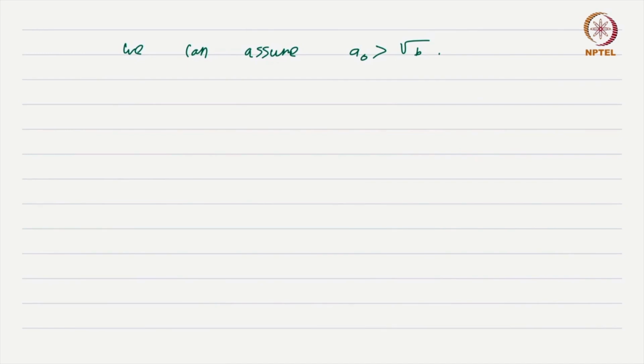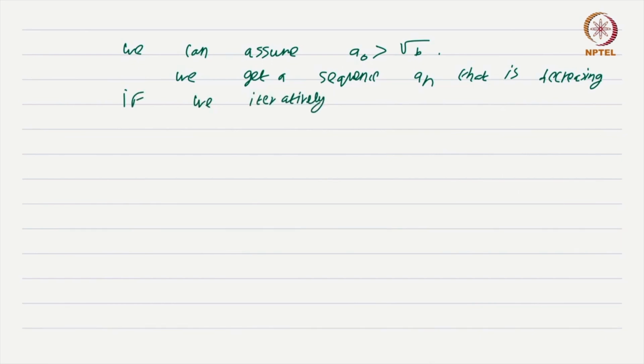Now because of this, we get a sequence an that is decreasing if we iteratively apply Newton's method. Okay, so what we are going to do is start with an initial guess, get an a1, start that as the new guess and keep repeating.